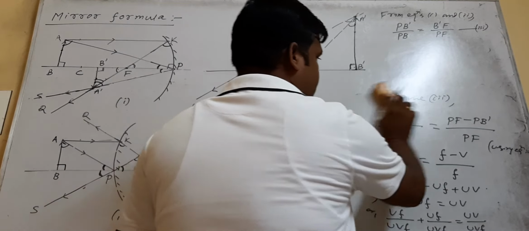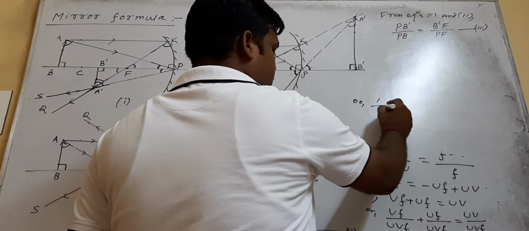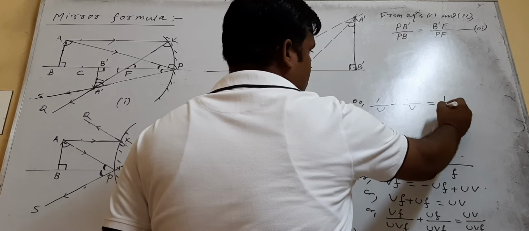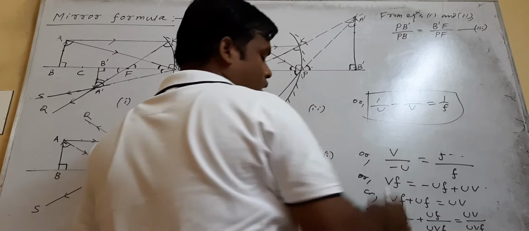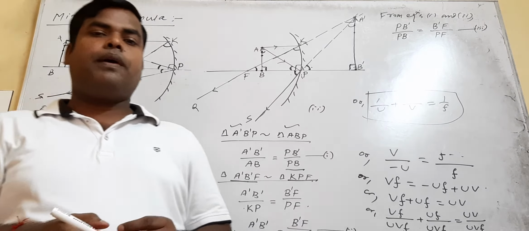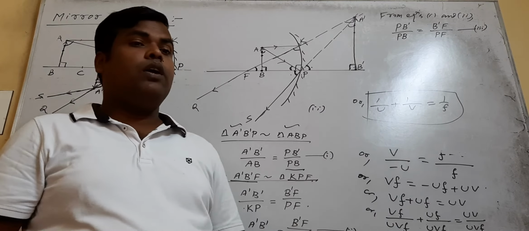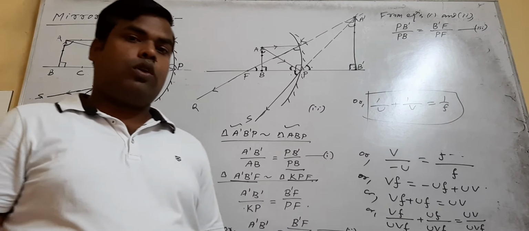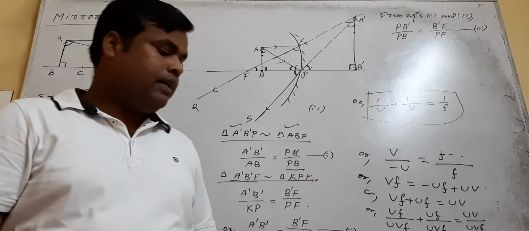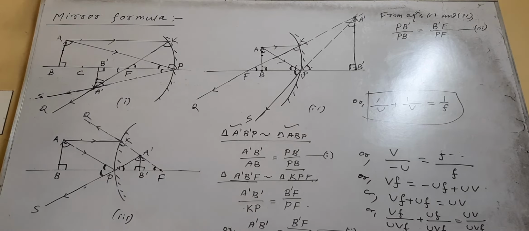What you will get is 1 by U plus 1 by V is equal to 1 by F. So the mirror formula 1 by U plus 1 by V is equal to 1 by F is the same for both the concave mirror and the convex mirror. The mirror formula remains the same, that is 1 by U plus 1 by V is equal to 1 by F.